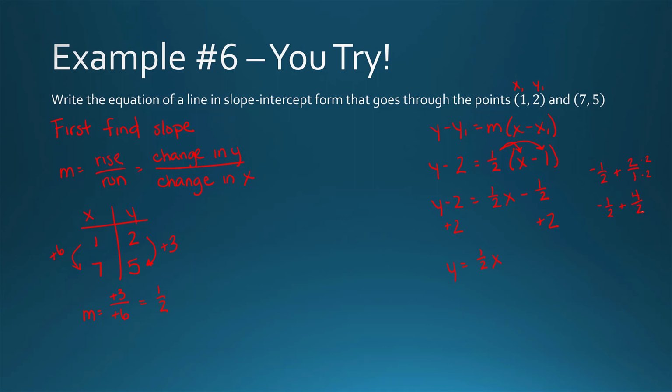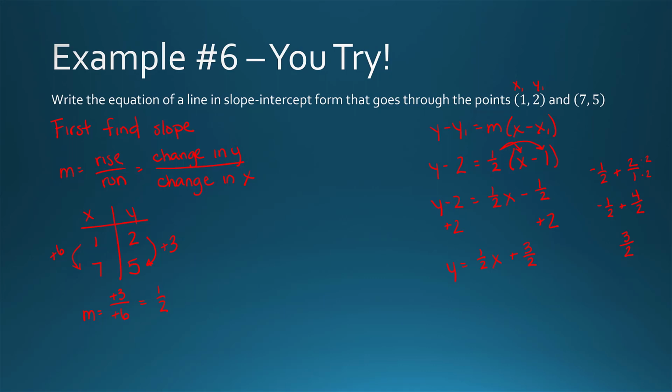Notice how 4 over 2 would reduce down to just a 2. So all we did was change what that looked like. And now I can just add the top numbers. So negative 1 plus 4 would be 3, and your denominator stays the same. So when you're adding, you only change that top number. And this 3/2 is what's going to go into my equation.